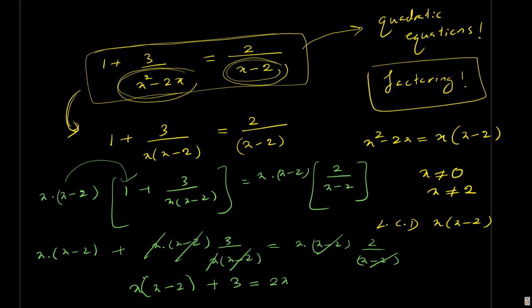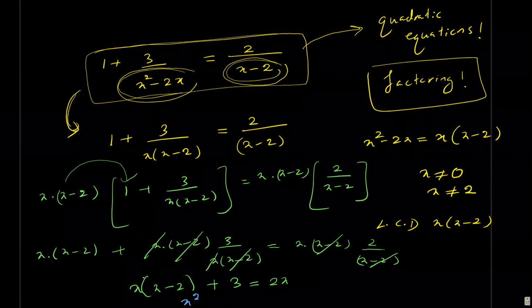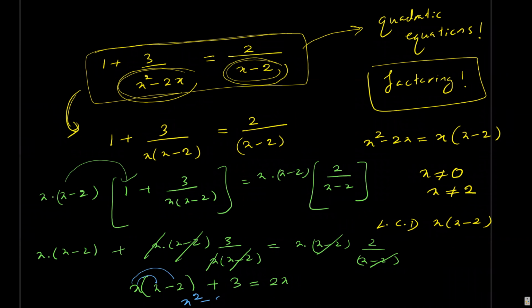Now you can simplify this: x squared minus 2x plus 3 equals 2x. Now let me write it over here. When I take 2x to the left hand side, I get x squared minus 2x and another minus 2x, so minus 4x plus 3 equals 0. Now, quadratic equations we have not yet learned officially, but you know how to factor this, right?